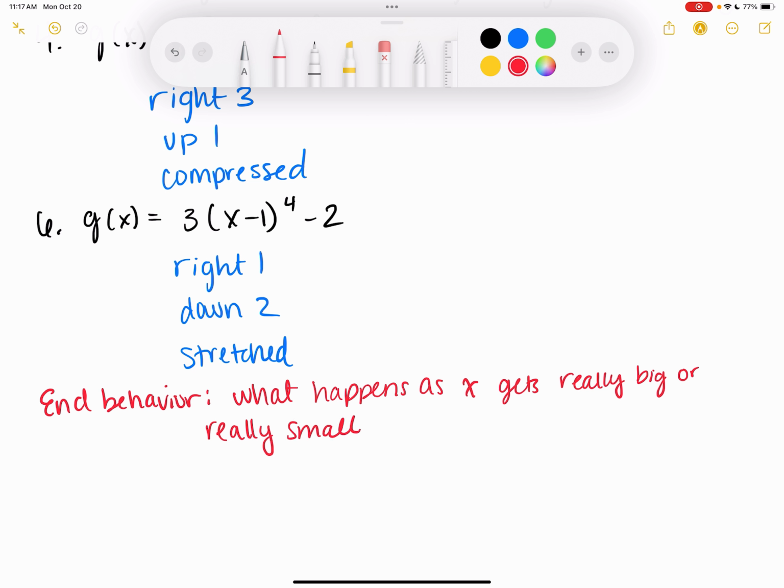So we'll be finding the limit as x approaches infinity of f of x and the limit as x approaches negative infinity of f of x.